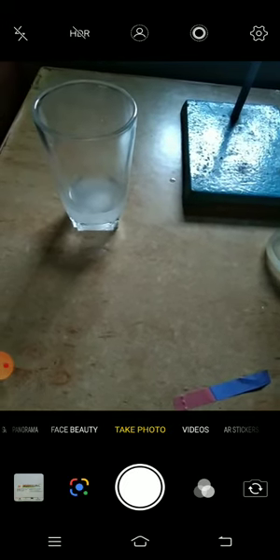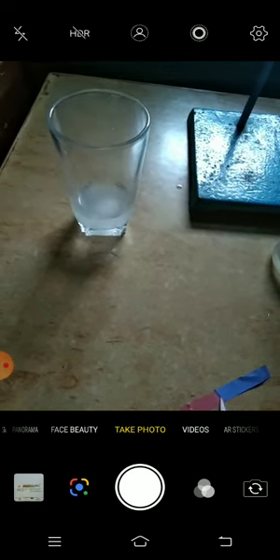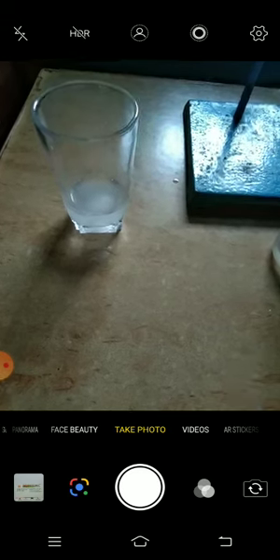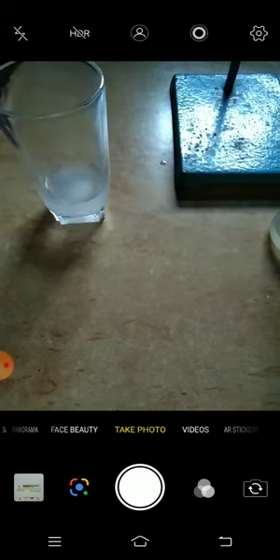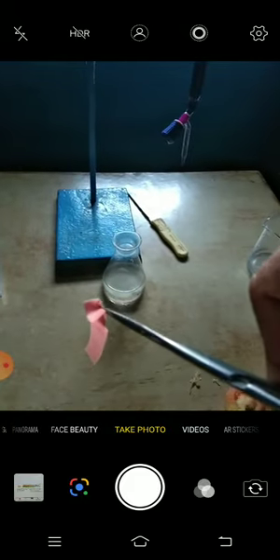Now I am putting another part of this blue litmus paper into it. What will happen? Let us see. Yes, the whole litmus paper turned red. So these two solutions are acidic in nature because they turned the litmus paper red.